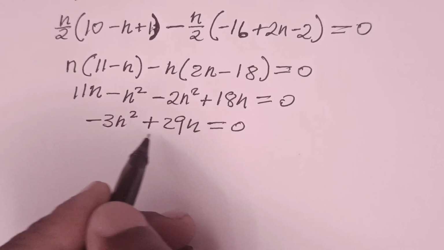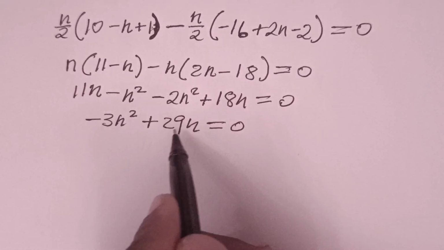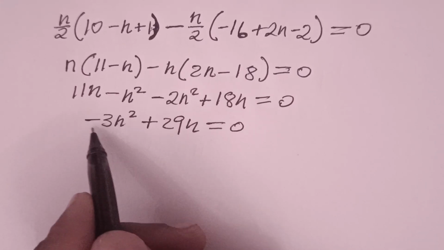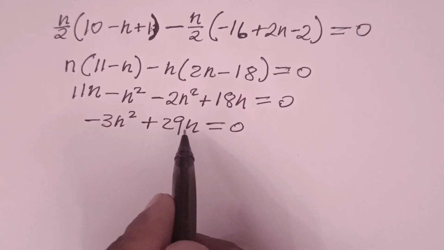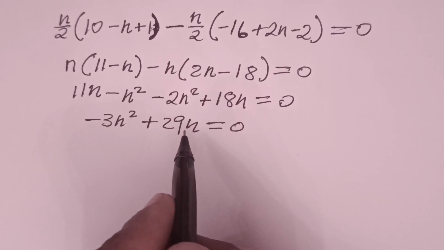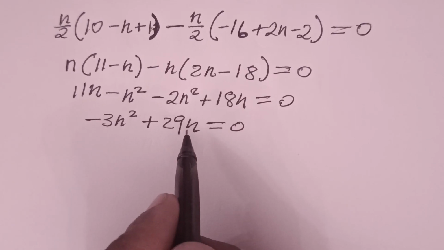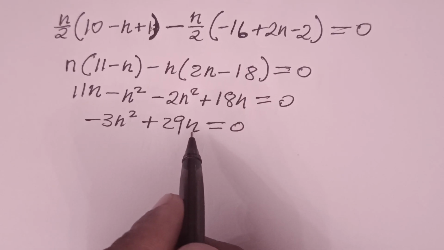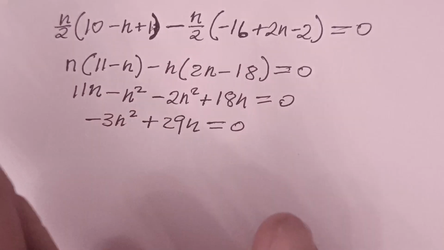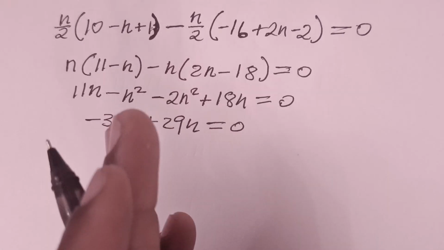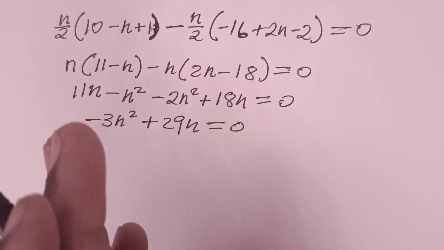So, because this cannot be divisible by that 3, and remember, we are looking for n, it's a position. It must be a positive integer. You will get 2 answers, but your position must be a positive integer.